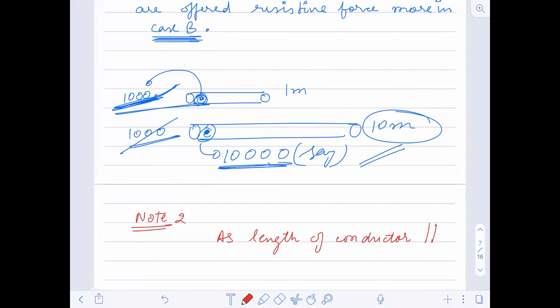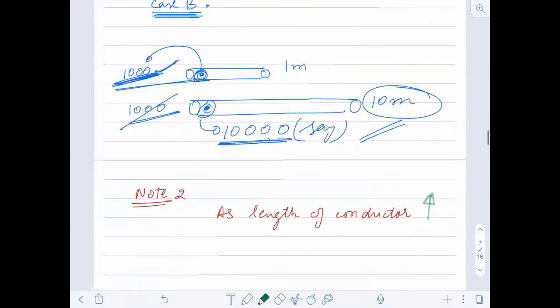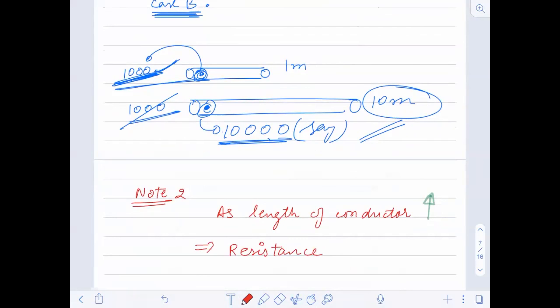As the length of the conductor increases, what will happen to resistance?